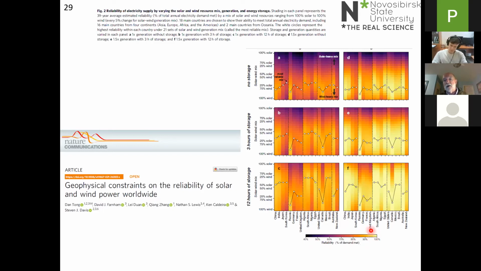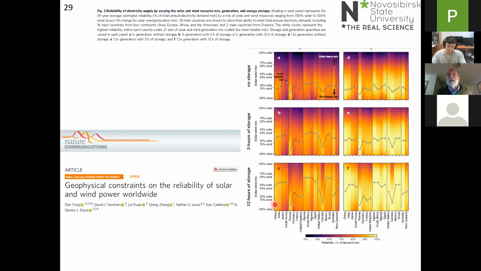The color yellow means high reliability, and you can see that both Russia and Canada are in the high reliability region, much more so than many other countries. But they're in the high reliability region by having a large percentage of their renewable energy coming from wind.